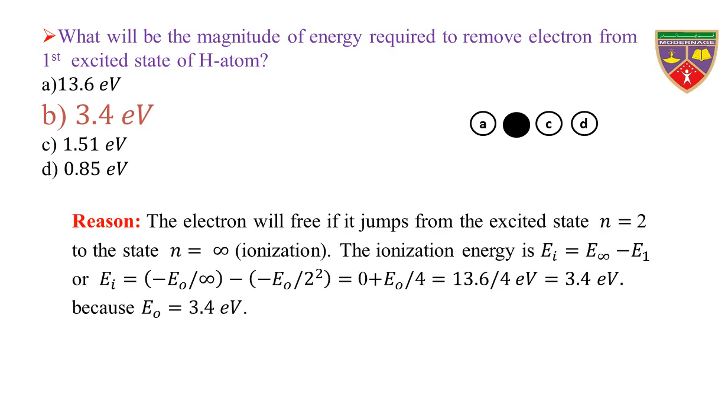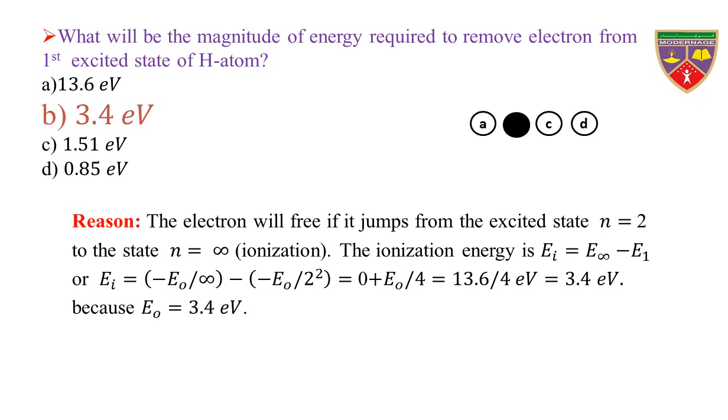Reason: the electron will be free if it jumps from the excited state n is equal to 2 to the state n is equal to infinity. The ionization energy is E infinity minus E2, or Ei is equal to minus E naught divided by infinity minus, minus E naught divided by 2 square. E naught divided by infinity is 0.